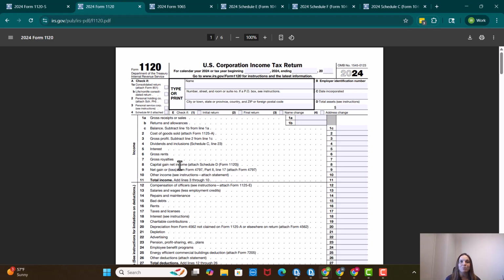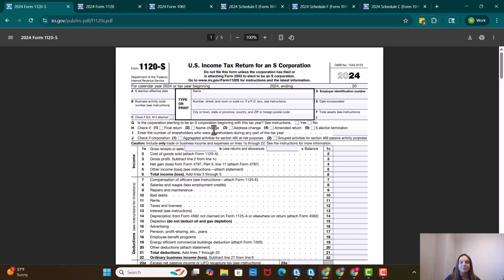I'm going to cover a hybrid now, and that is an S corporation. An S corporation is not a default tax treatment for any sort of entity. You have to elect to be taxed as an S corporation at the federal level.